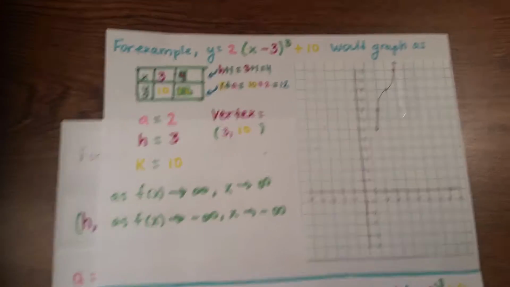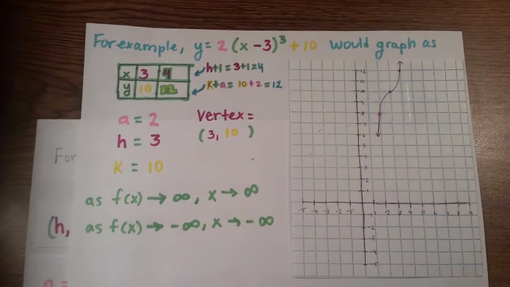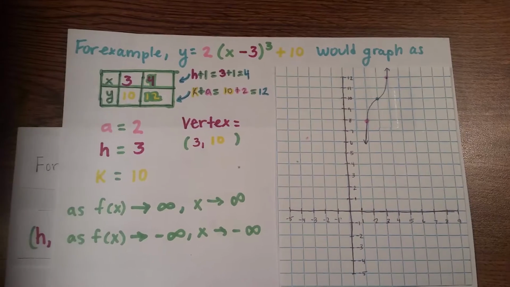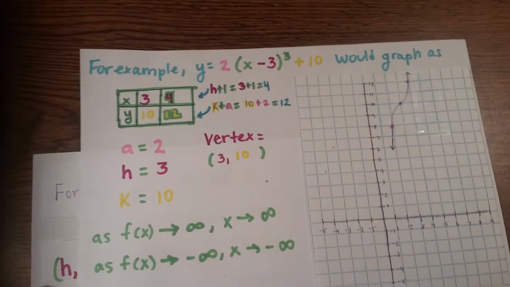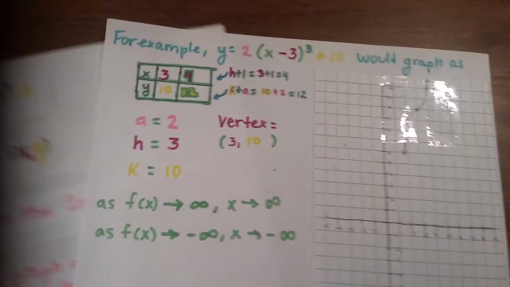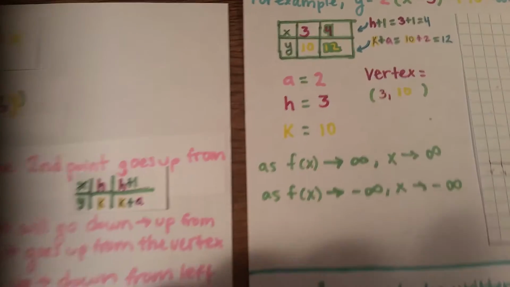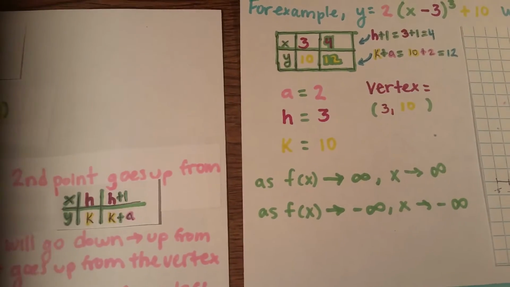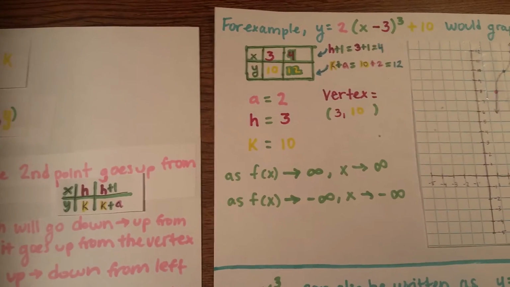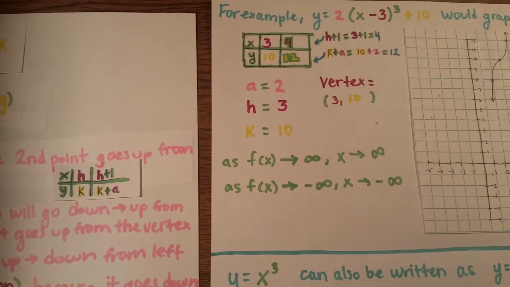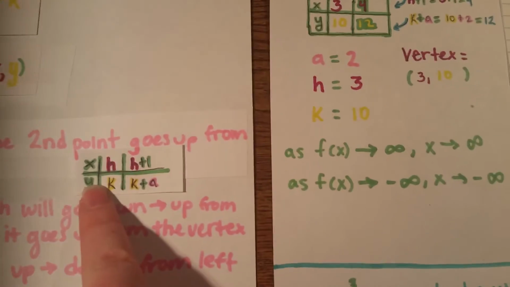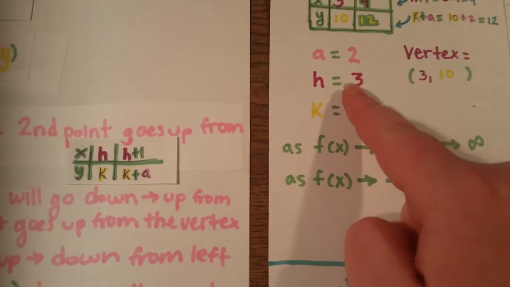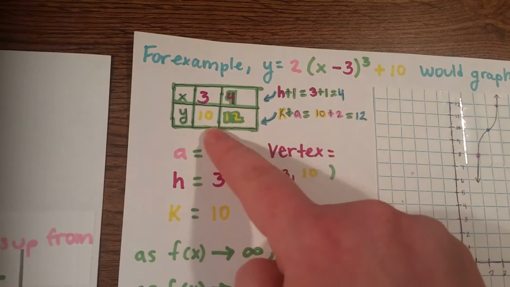For this first example, we have y equals 2(x minus 3) cubed plus 10. Using this graph that I showed you earlier, which I will show just for the sake of letting you see it all the time, this shows us that with this equation, we would plug in h and k like we did over here, and h is 3, k is 10, so (3, 10).